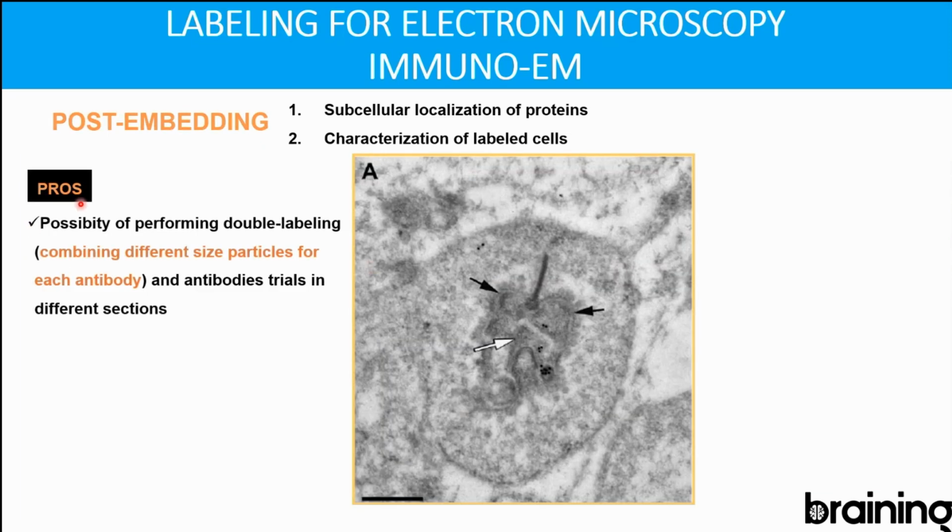So the pro of the post-embedding method is that you have the possibility of performing double labeling. Why? Because you are using your grid to do the immunolabeling on the grid. So you're doing the same as when you are doing immunolabeling on a glass slide. You can use different antibodies the same. In this case, you can combine different sizes of particles for each antibody.